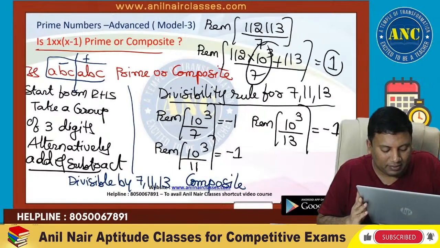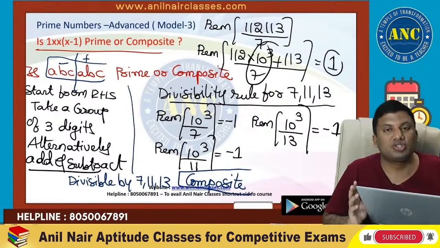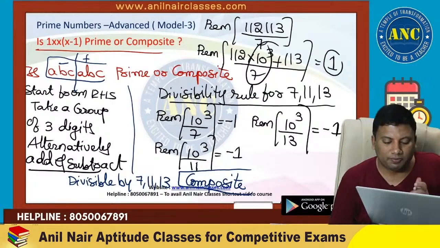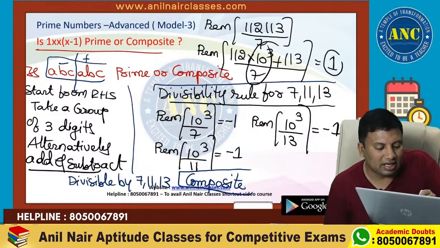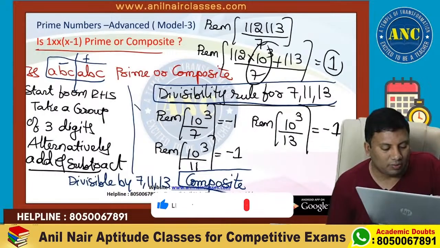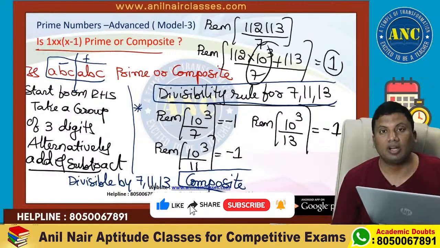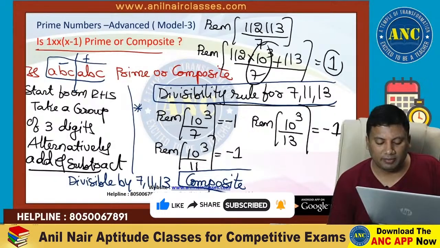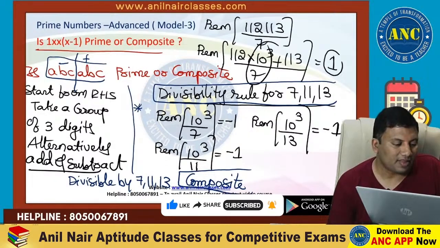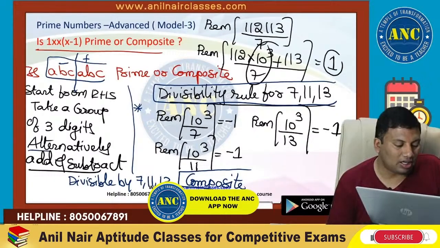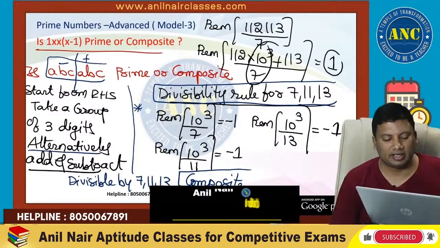Proving that a number is composite is much easier than proving that a number is prime. I hope this idea is clear. Divisibility rule for 7, 11, 13: 10 cube divided by 7 gives minus 1, by 11 gives minus 1, by 13 gives minus 1. Start from right hand side, take a group of 3 digits, alternately add and subtract.